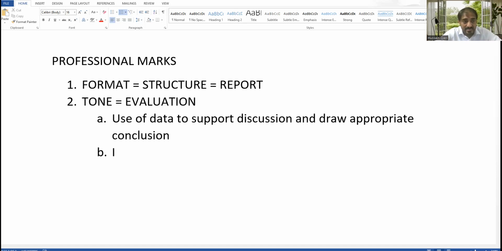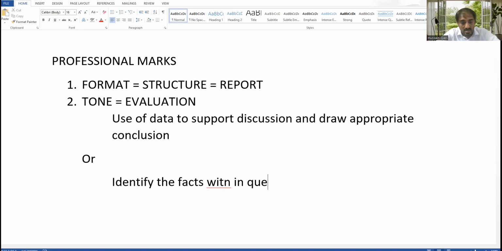Or I can say, the other way around, identify the facts within the question and link with the case.